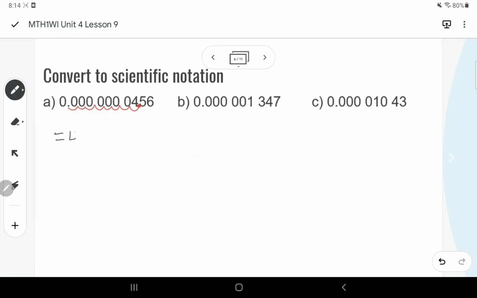So this would be 4.56, always times 10, and then we have to figure out the exponent. It's going to be negative for sure because I'm going into the small decimals, and it took 8 steps to get there. So that would be -8. You guys can pause this and try B and C, and then unpause to check your answers.